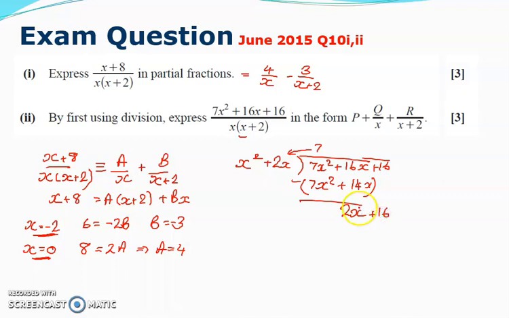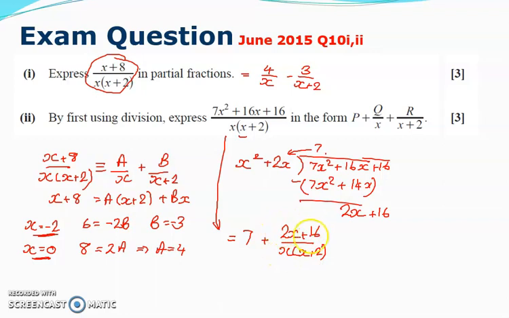And that's interesting because what did I have originally? I originally was asked to do this expression divided by this thing. And what this tells me is that my expression is equal to 7, it goes in 7 times, but there's a remainder, and that remainder is (2x + 16) over (x + 2).